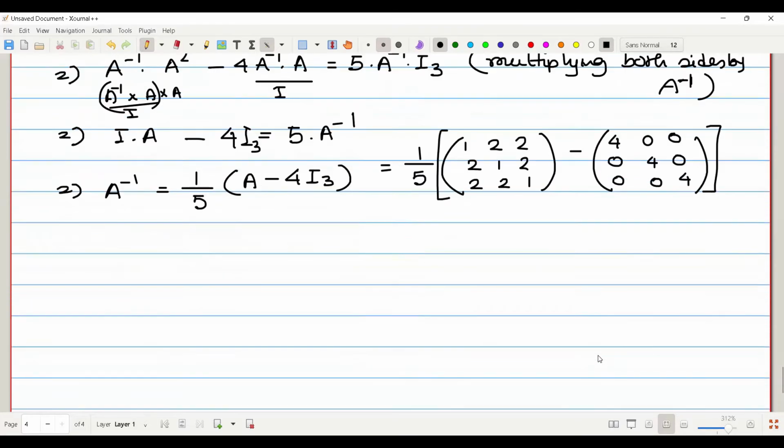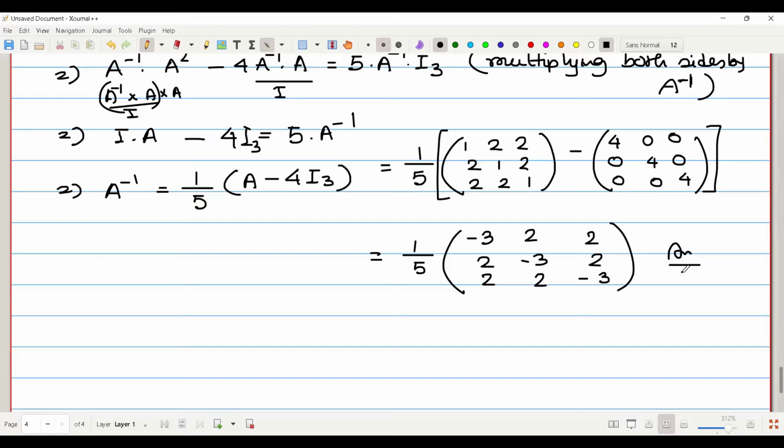So finding the value just here, that is 1 by 5 and minus 3, 2, 2, 2, minus 3, 2, and here 2, 2, minus 3. So that is our A inverse.